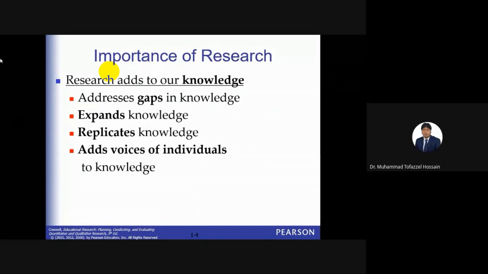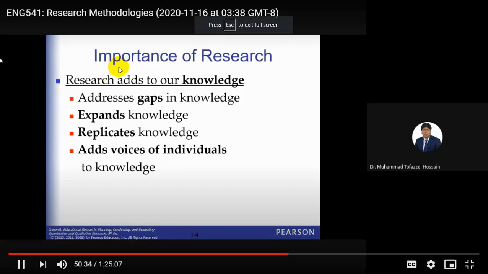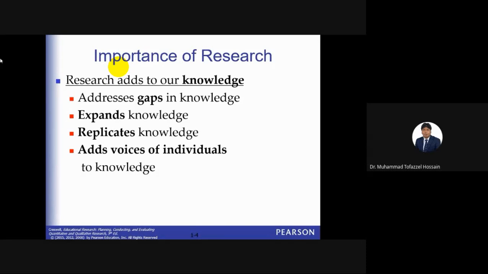Then you see what are the existing problems in the world, in your field that you are talking about. For example, in the field of ELT, what are the problems that you want to solve, and what solutions are offered to the problems, and are those solutions appropriate for solving the problems?